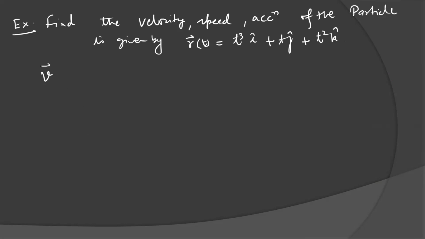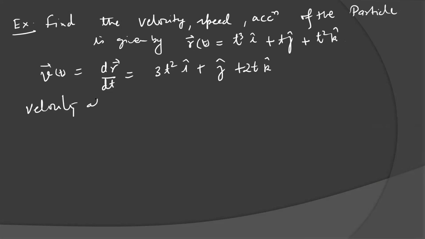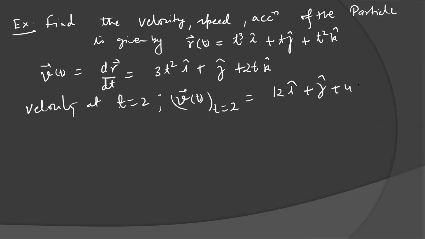So how will you find velocity? Velocity is given as dr by dt, so it will be 3t square i plus j plus 2t k. You can find velocity at any point also. If you want velocity at t equal to 2, you have to put the value t equal to 2: 3 times 4 is 12 i plus j plus 4k.